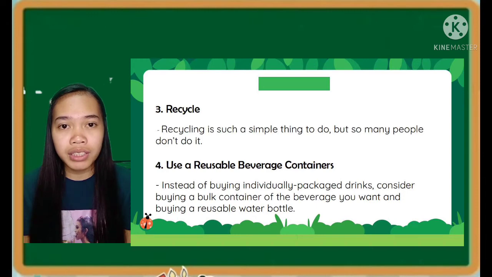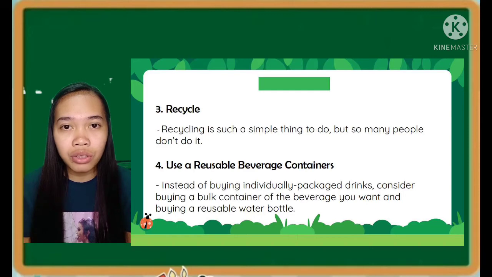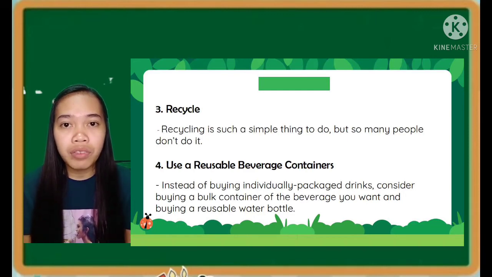If you go to a certain place a lot, consider buying one of these containers to help minimize waste. A lot of coffee shops even offer a discount to customers who use a reusable container for their drinks. Starbucks, as an example, offers a small discount for customers who do this.